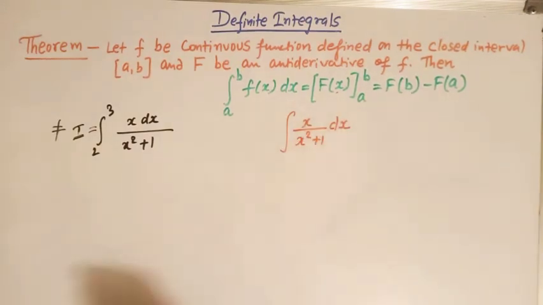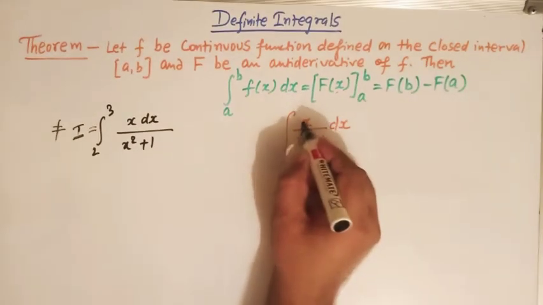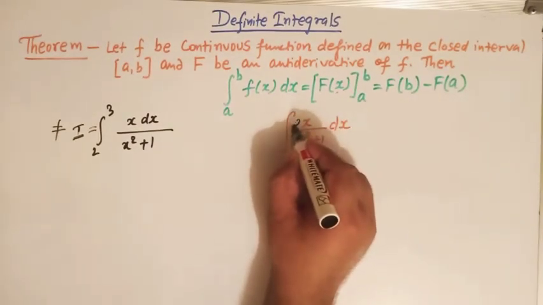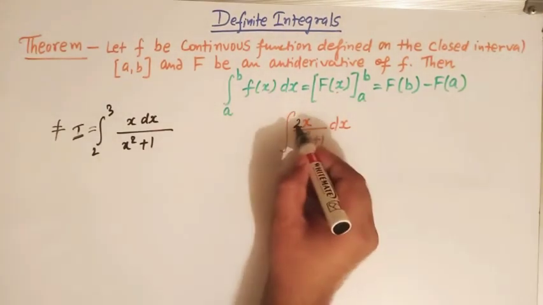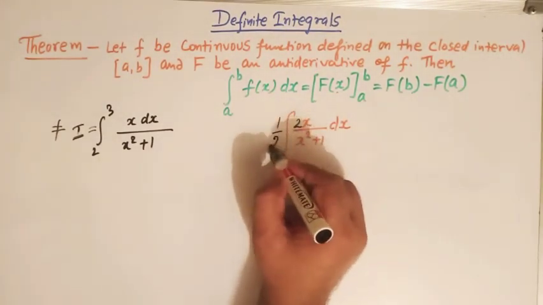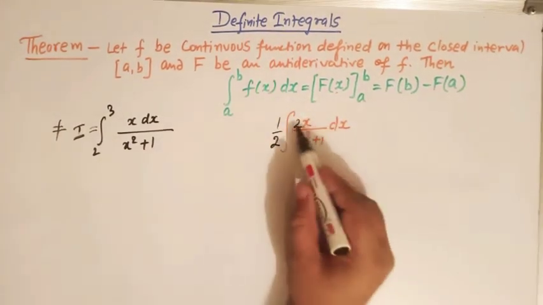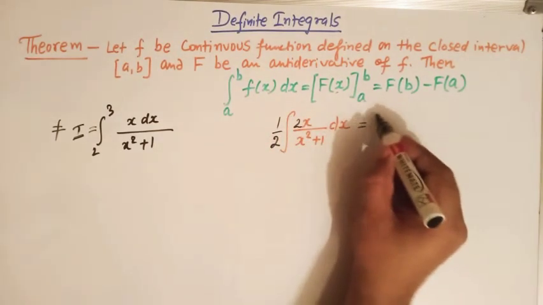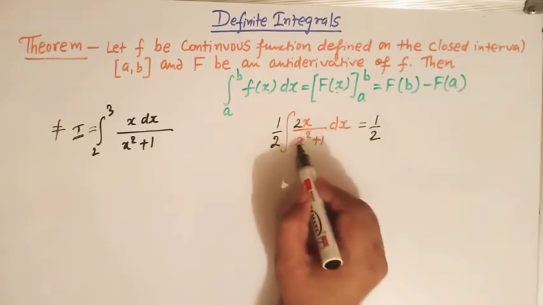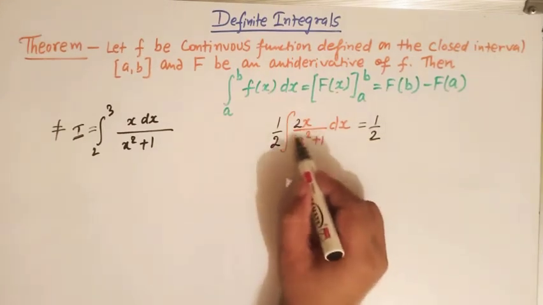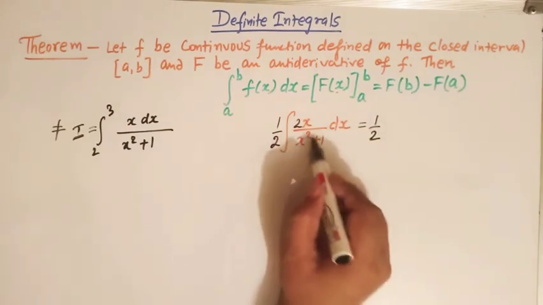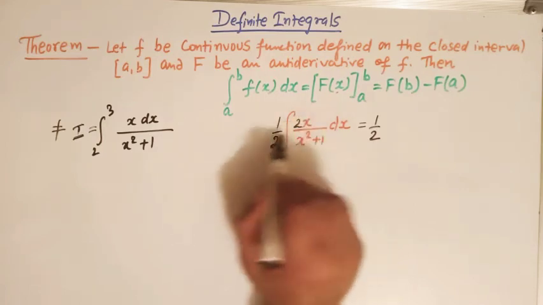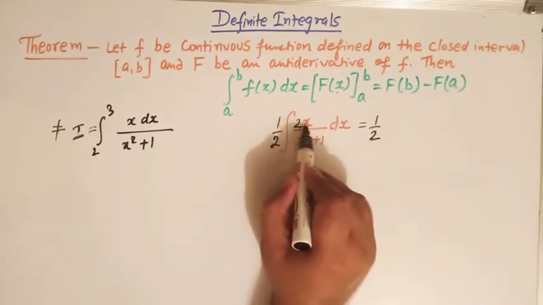So here we see that if I multiply the numerator by 2 and here I put 1 by 2, then we see that this 2 and 2 gets cancelled. But here we see that the derivative of the denominator occurs in numerator.